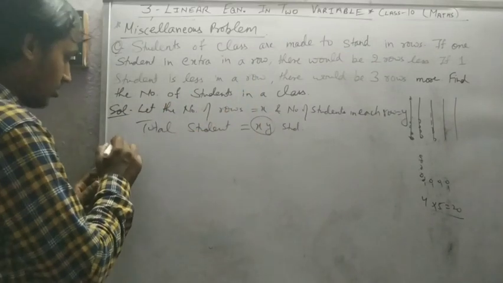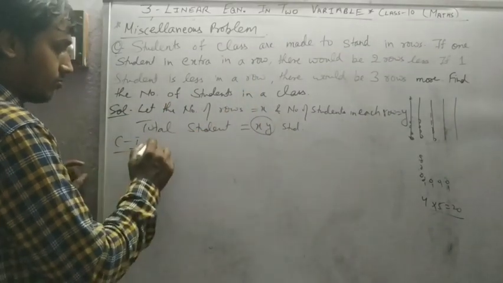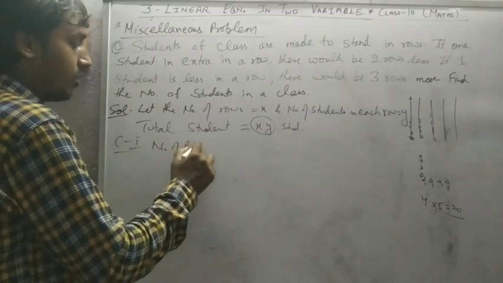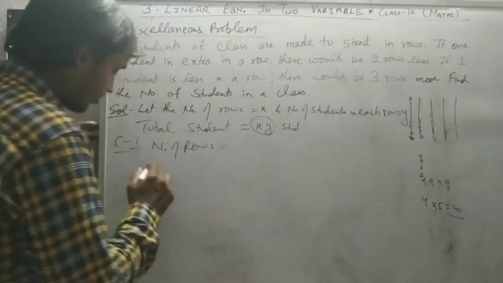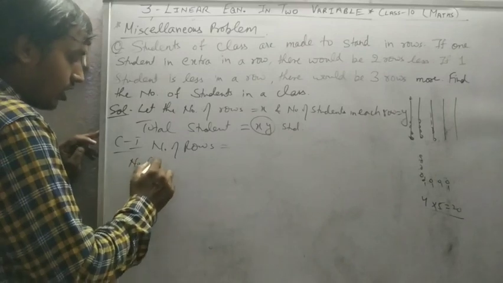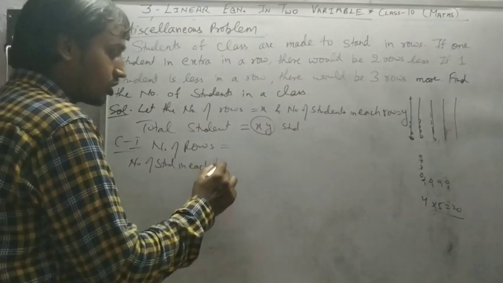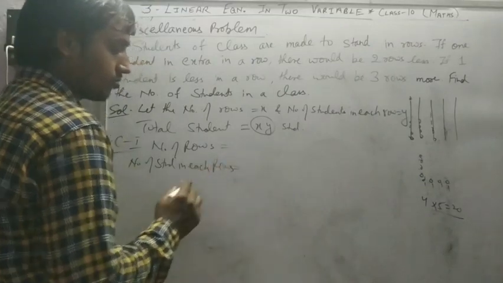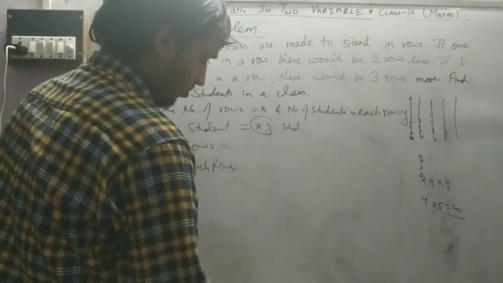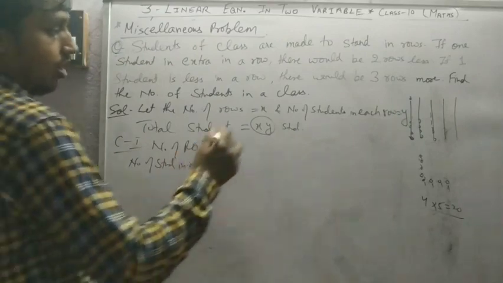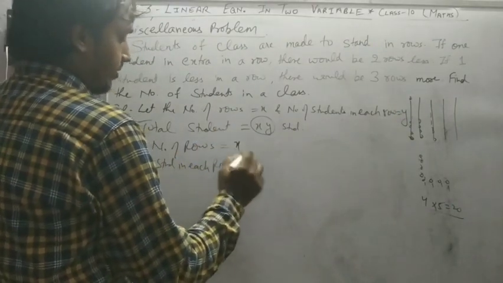Let's see. Case first. Number of rows, number of students in each row, x, y.